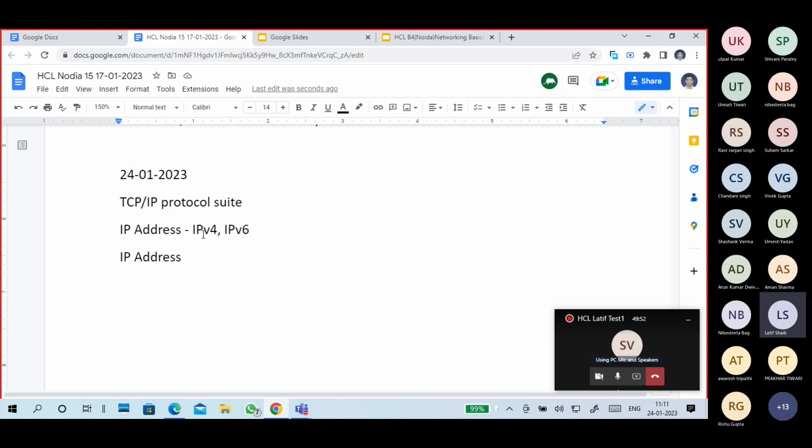But IPv4 won't communicate with IPv6 directly. Means I have one computer with IPv4 only, another computer with IPv6 only. They won't communicate with each other because both are different protocols. Both don't understand each other, so we need middle devices.